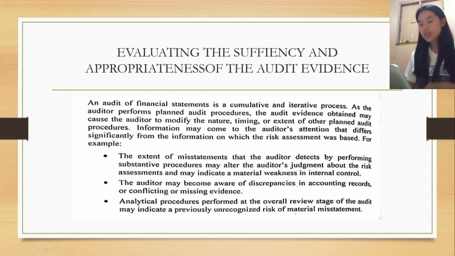The first example is that the extent of misstatements that the auditor detects by performing substantive procedures may alter the auditor's judgment about the risk assessment and may indicate a material weakness in internal control. The second example is when the auditor may become aware of discrepancies in accounting records or conflicting or missing evidence.